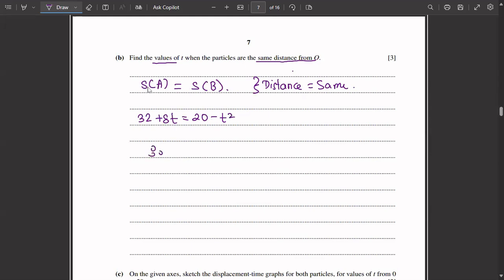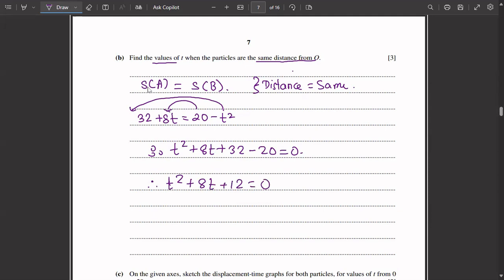Therefore, this can go there. So minus t square will become t square. 8t will remain 8t. 32 will remain 32, plus 20t will become minus 20t. Therefore, t square plus 8t plus 12 is equal to 0.